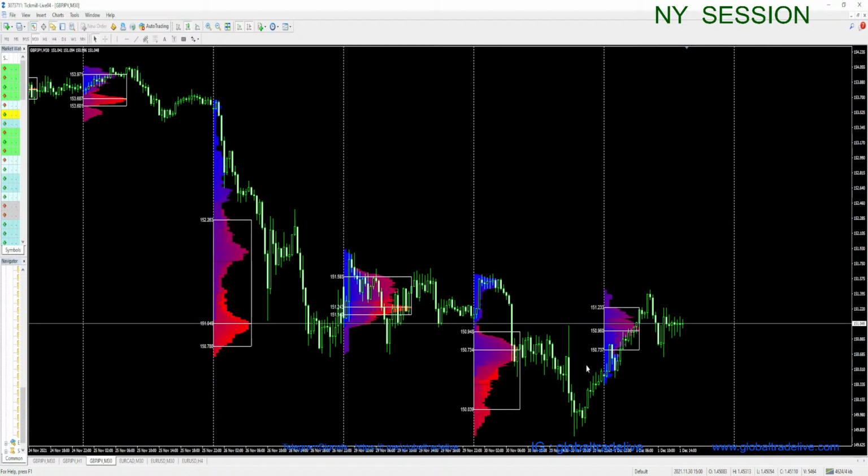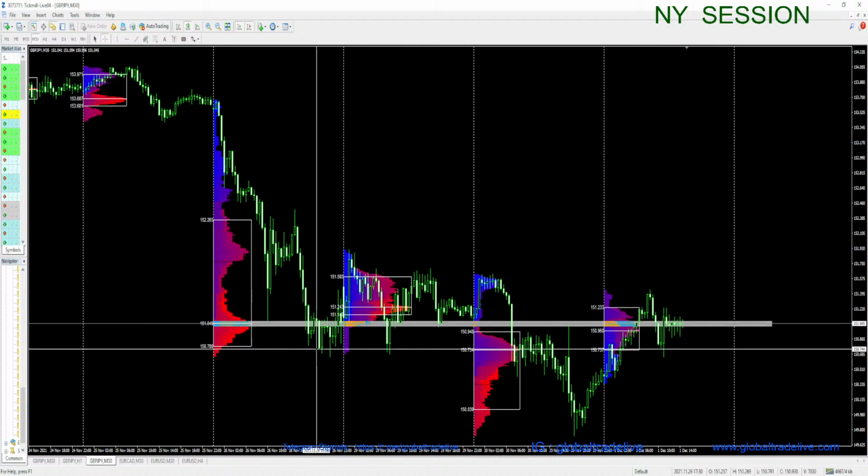This is GBP. So this is GBP and it's stuck at this point. Let's see if it goes up or down, because right now it's kind of confusing.